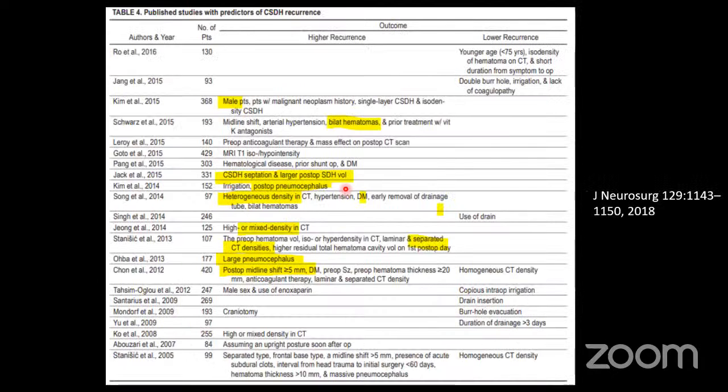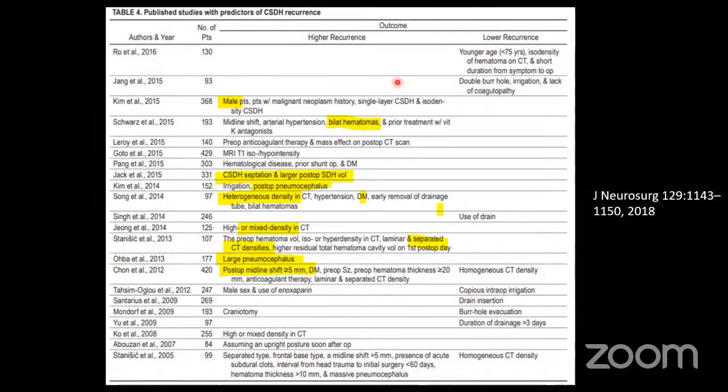And based on different studies, we have so many other factors like male patient, bilateral hematomas, chronic subdural hemorrhage septation, a larger volume of SDH after the operation, presence of pneumocephalus in the post-op patient, heterogeneous or mixed density in CT, and post-op midline shift more than 5 millimeters.